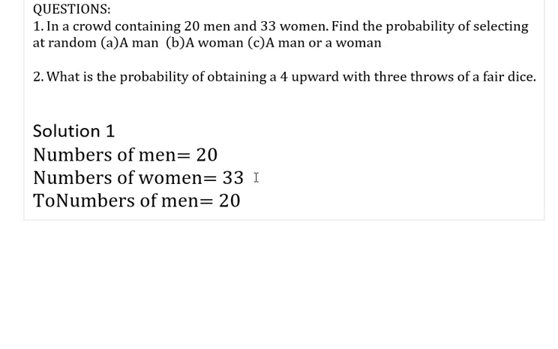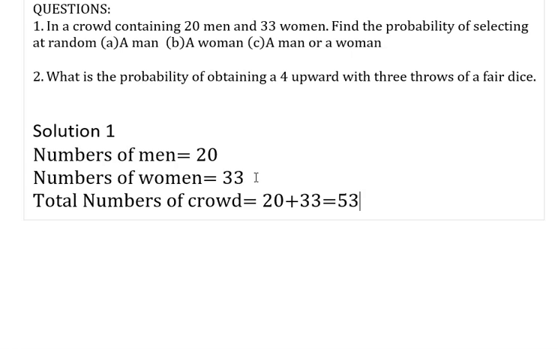Total number of the crowd, that is 20 plus 33. That will give us what? 53.